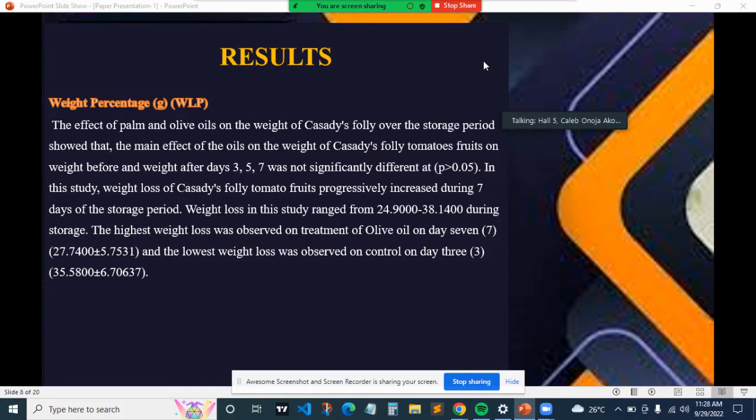This simply means that the tomato continuously lost weight as the storage period increases. We discovered that the highest weight loss was observed on the treatment of olive oil on day 7, and the lowest weight loss was observed on control on day 3. So the oil could not prevent the tomato from losing its weight.